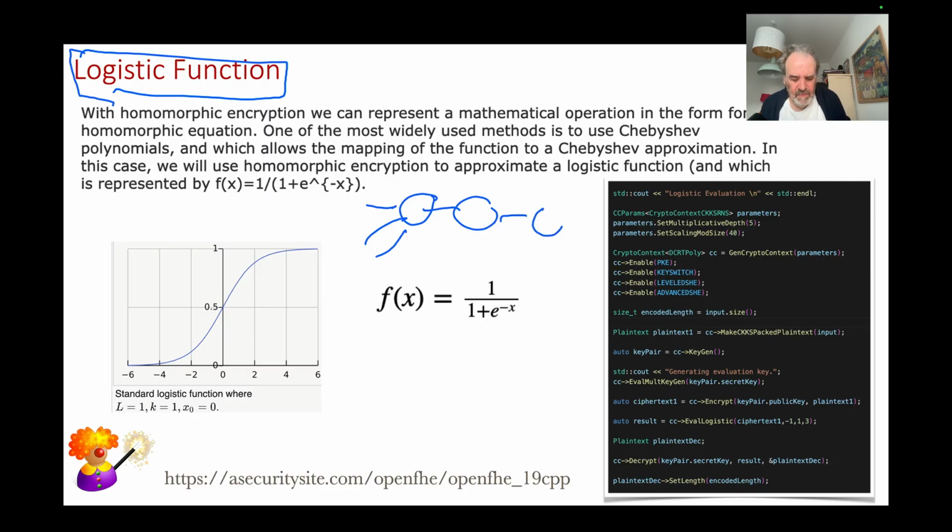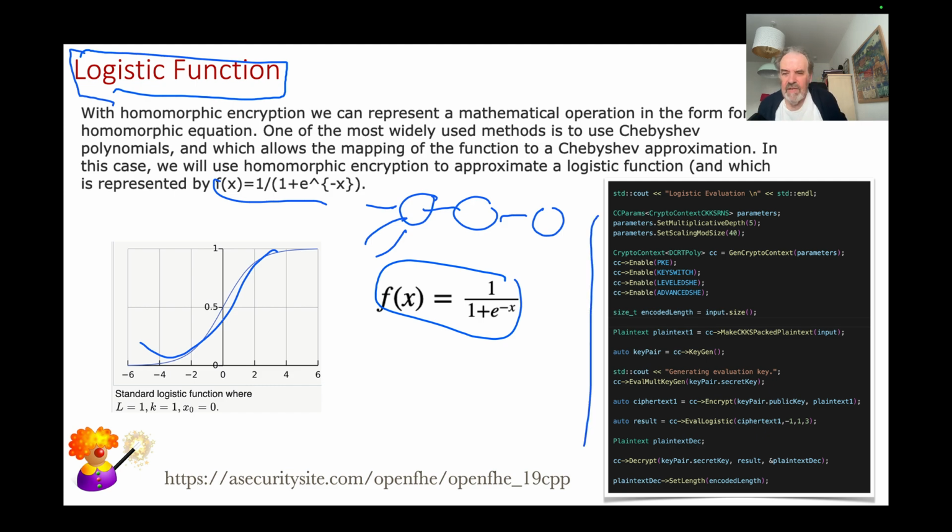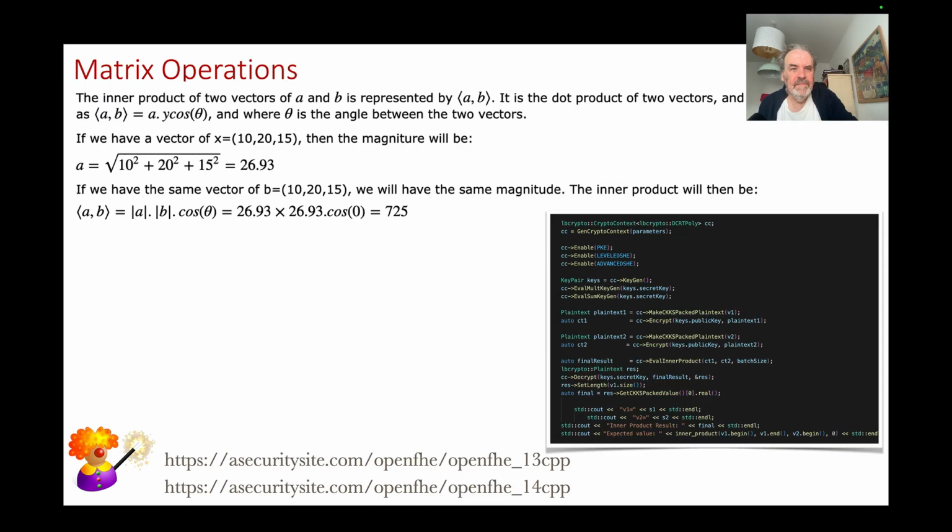In this case, we have a basic mathematical formula that does this firing or not of the neuron. Here is a basic implementation of it, and we can see that we have a function called evaluate logistic. But what we really need is matrix operations.